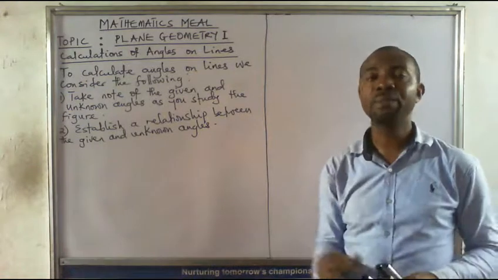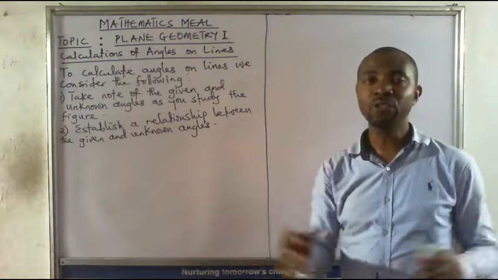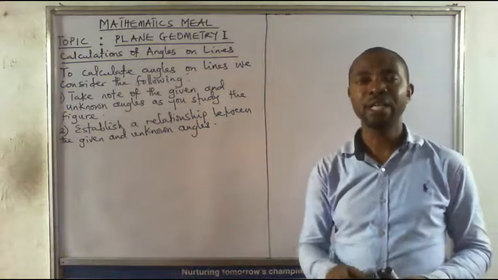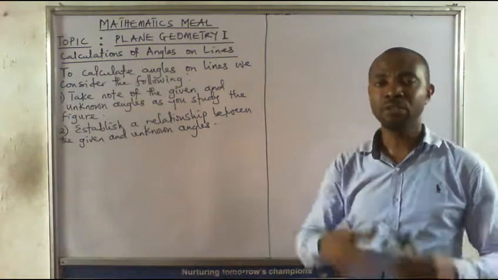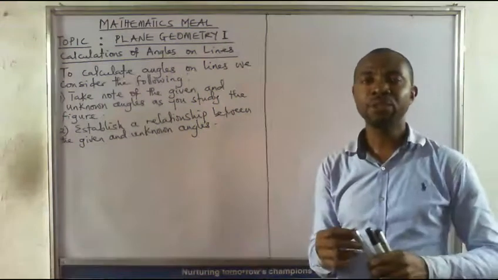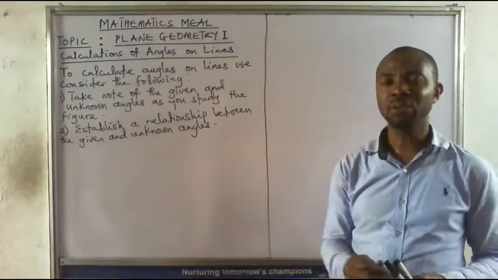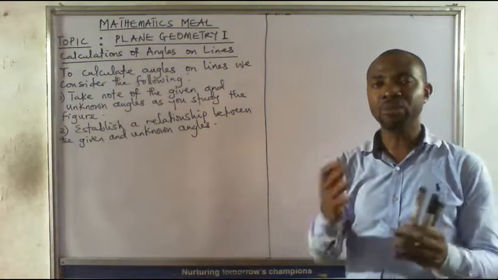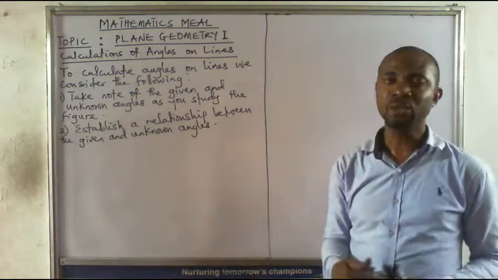Now, we took time in our last video to look at those relationships, like the sum of adjacent angles on a straight line is equal to 180. Sum of angles at a point is 360. Vertically opposite angles are equal, corresponding angles are equal, alternate angles are equal, and then in a perpendicular, the sum of angles there will give us what? 90 degrees.